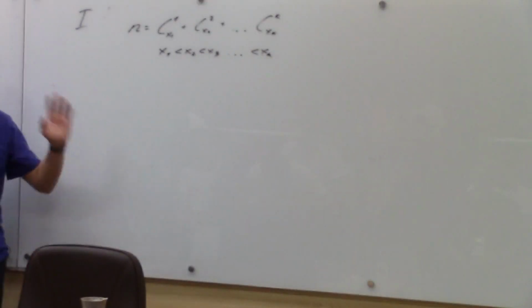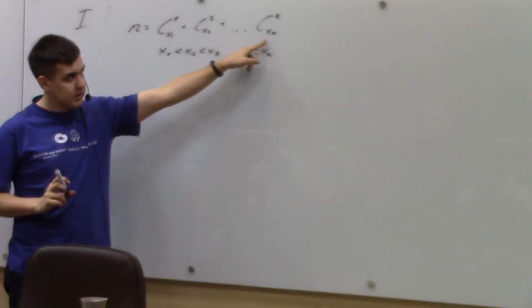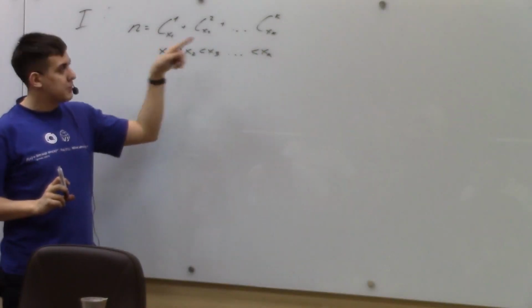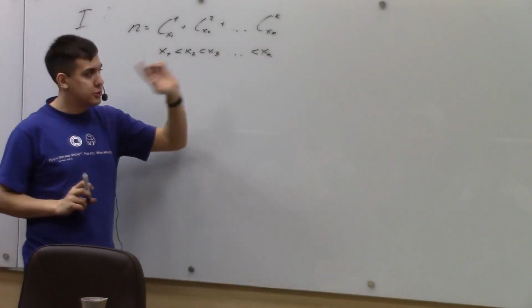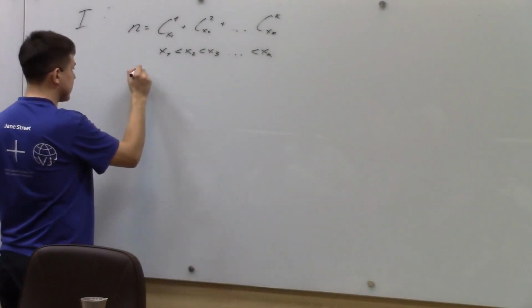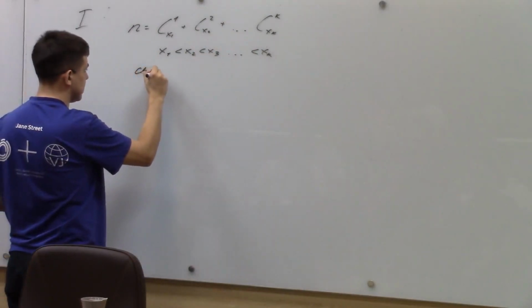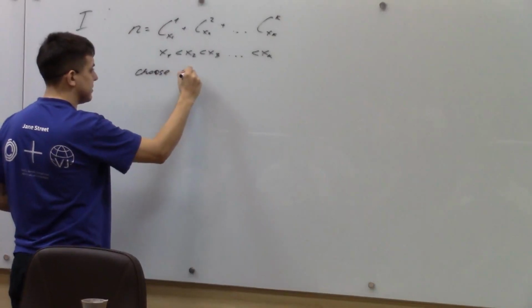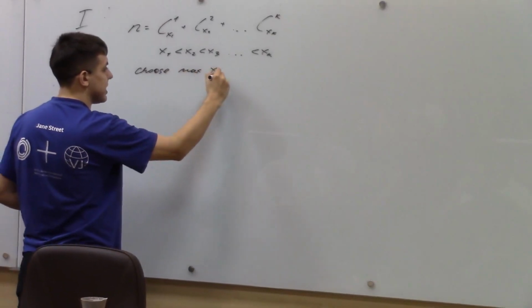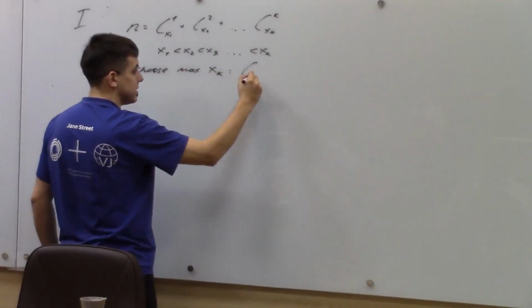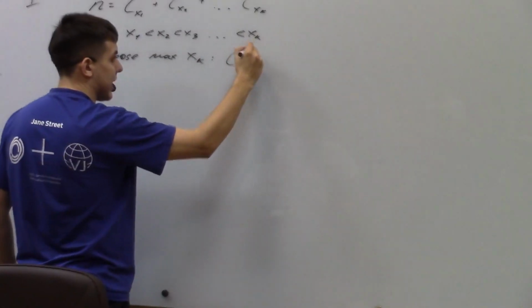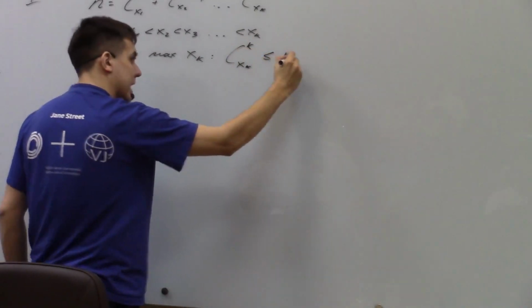Okay, turns out that the greedy strategy works. So we'll reconstruct the number from the largest term to the smallest term. First of all, we know the k, so we'll choose the maximum xk such that xk choose k is less than or equal to n.